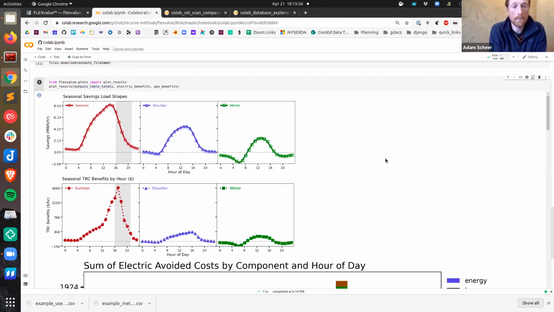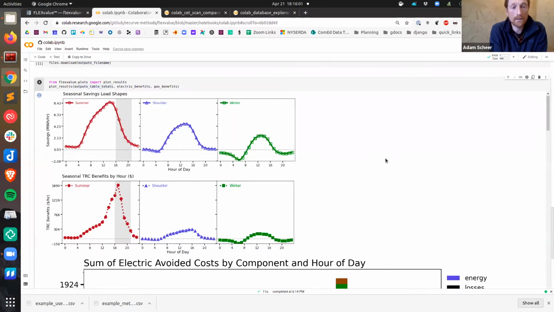And then those translate respectively into those next three panels below, red, blue, green, that show you the avoided costs that are calculated each hour of the day during the summer, shoulder, and winter months. So you can see how your load shapes actually translate directly into avoided costs.